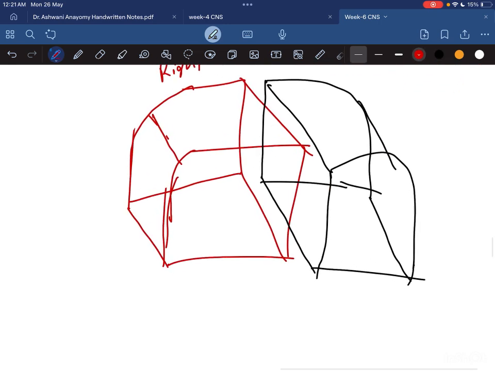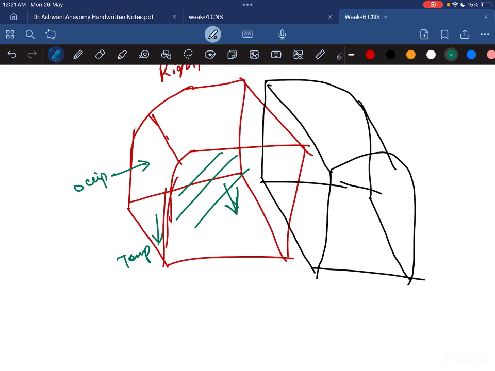In between, this is the posterior region, the occipital region, this is the inferior region, the temporal. This view is the anterior. One horn goes to the posterior, one goes to the inferior, and another comes to the anterior.